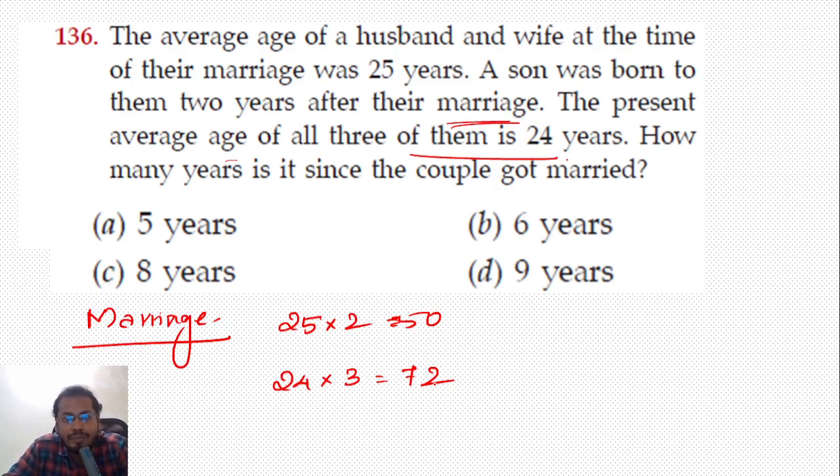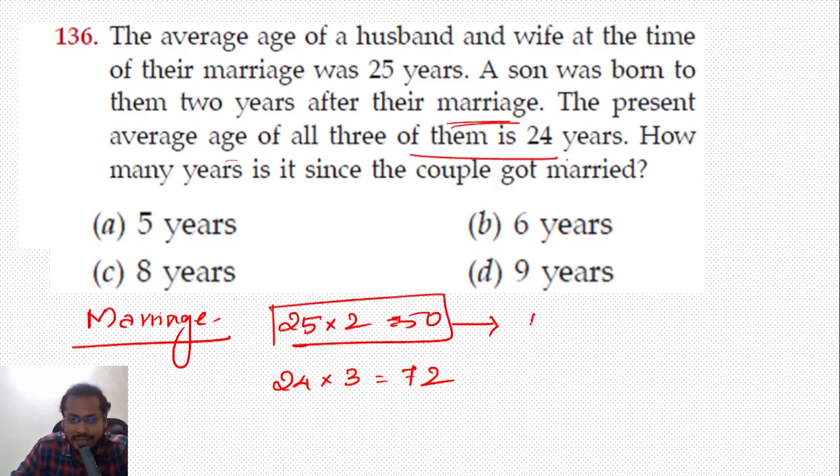A son was born to them 2 years after their marriage. So this is the time of marriage. After 2 years the son is born. After that only the son is born. So it will be 52 years when the son was born. Correct?